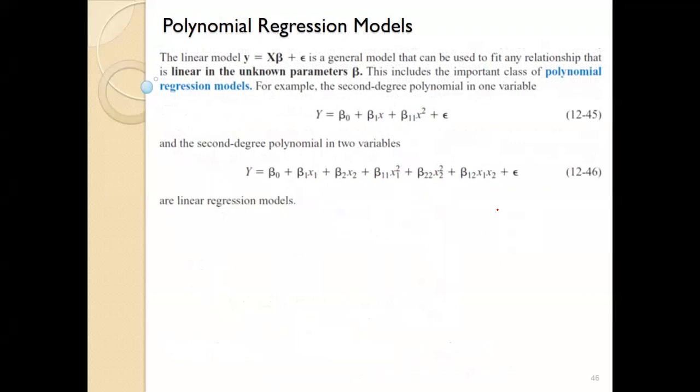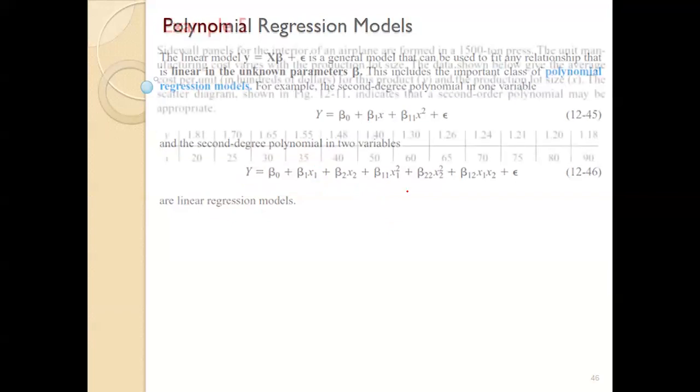Polynomial is non-linear. Polynomial order 1 is linear, and polynomial order greater than 1 is non-linear, but you can transform from non-linear to linear by changing the variable.